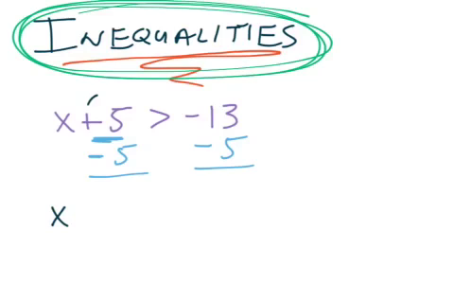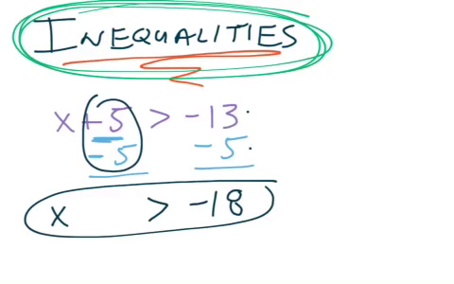X. This, of course, makes 0. So it's gone away, and I just have a greater than. And what's negative 13 and negative 5? That's negative 18. So my answer is x greater than negative 18. So pause the video and make sure you have this written down right now.